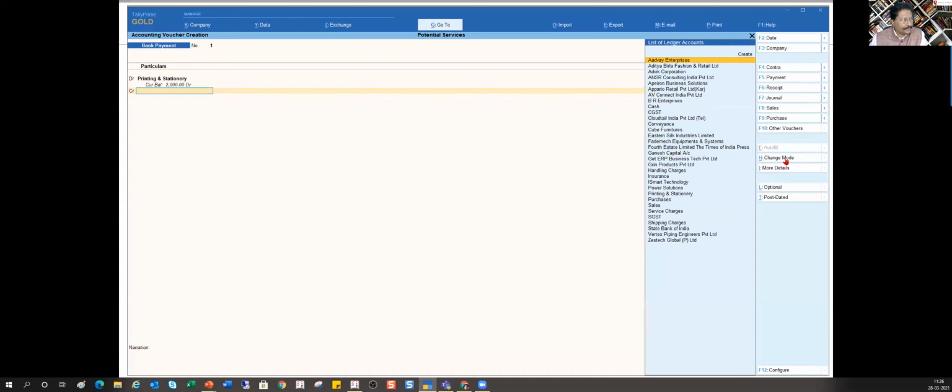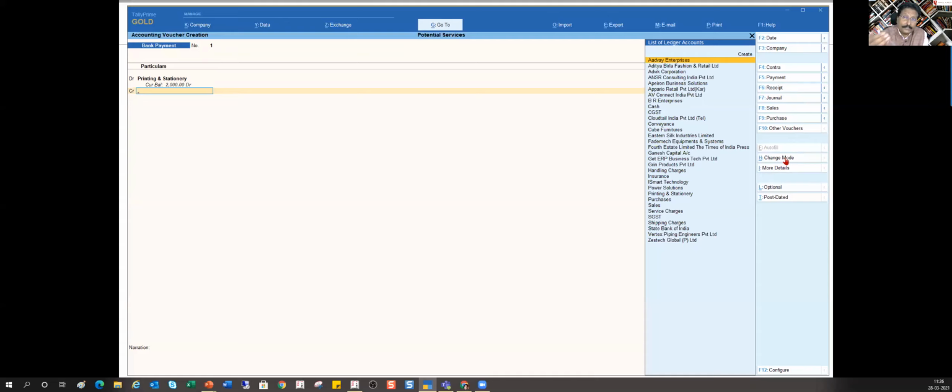I'm going to enter credit, and now credit my bank account. I need not credit Omega Stationery, because the relevance of Omega Stationery is not there, since I am not buying the stationery on credit.